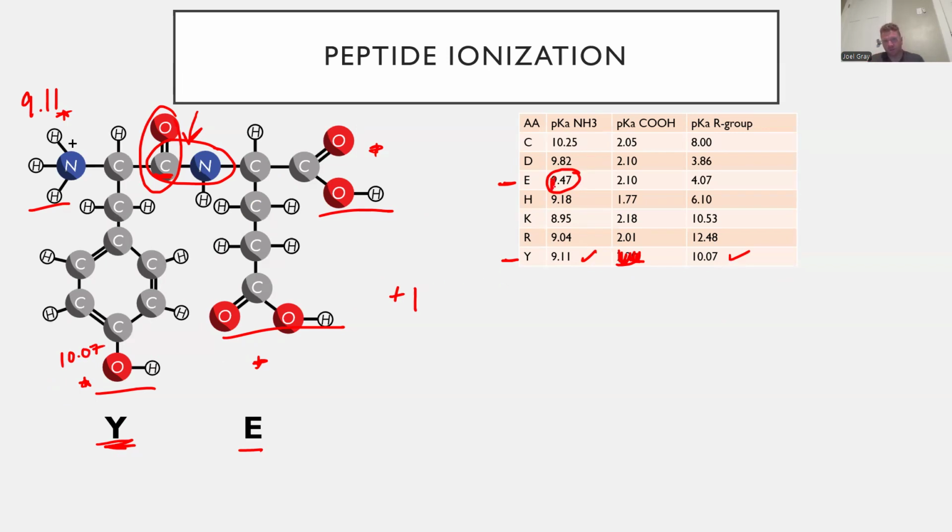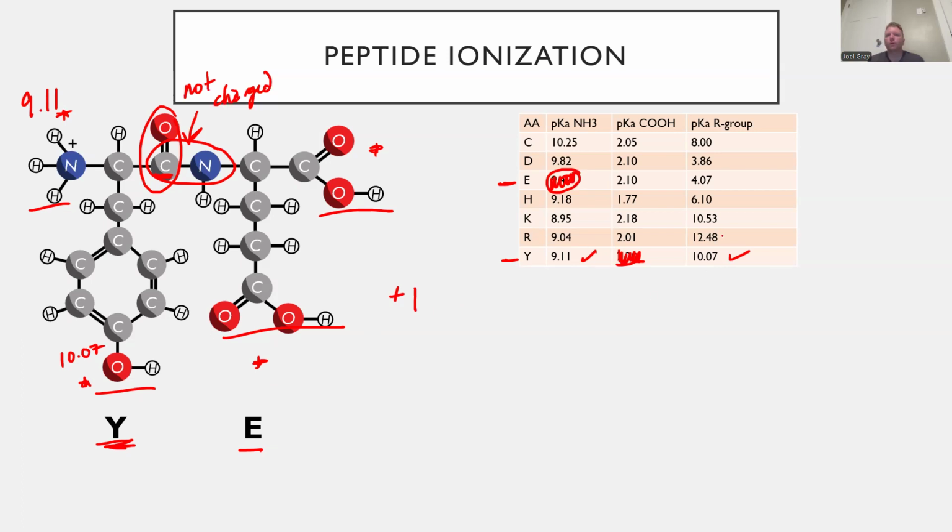So 9.47, I don't need to worry about that because that group is not ionizable. My peptide bonds are basically never going to be charged. Okay, so whenever I'm looking at a polypeptide, if the functional group is found within a peptide bond, I can ignore it.